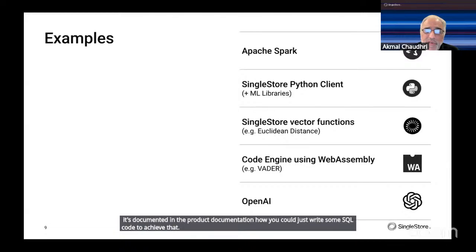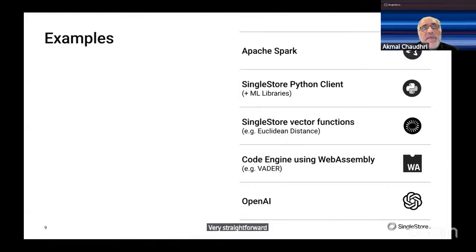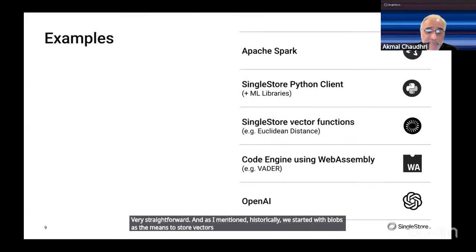Very straightforward. And as I mentioned, historically, we started with blobs as the means to store vectors, and now we have a dedicated vector type, so that there is type checking there. It makes it a lot better, as well as indexing and all sorts of nice features around that too.